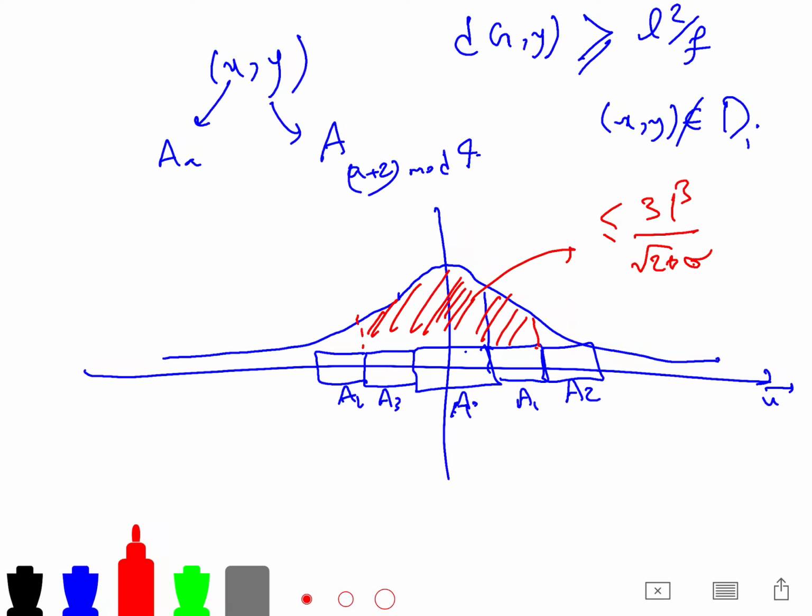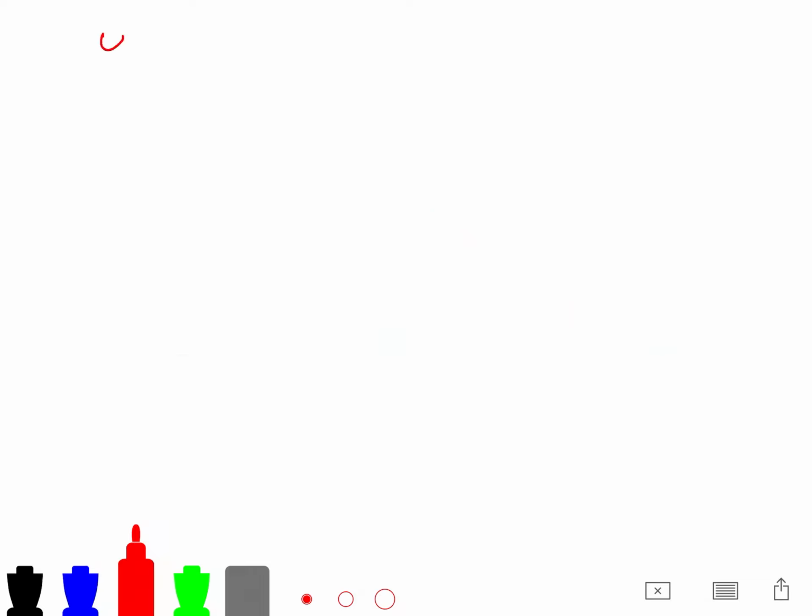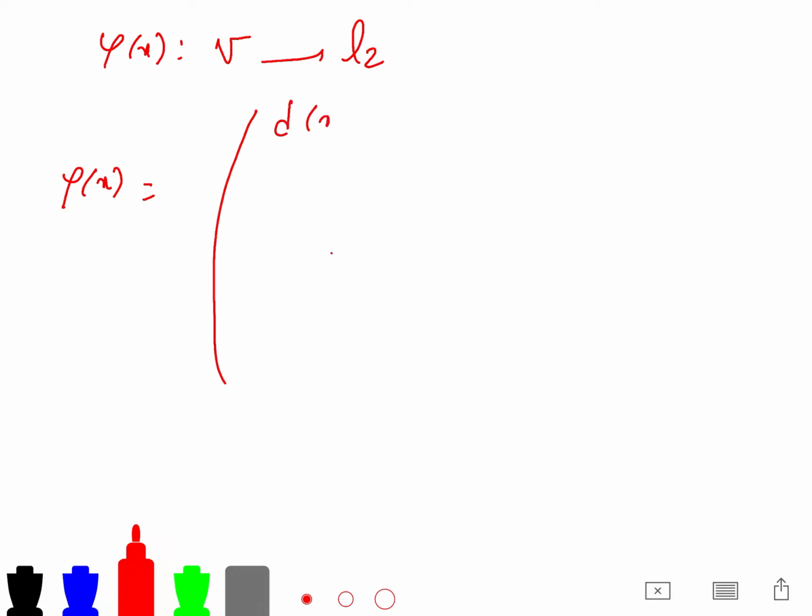And the embedding, I will show you the embedding that is very easy. So phi of X goes from V to L2. This is the embedding. And what I say is that your phi of X is just defined by these D of X and W3.